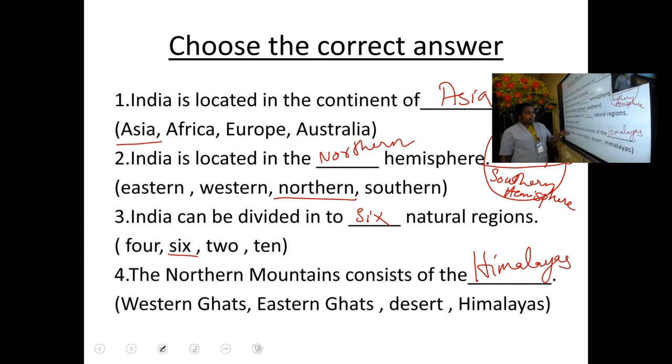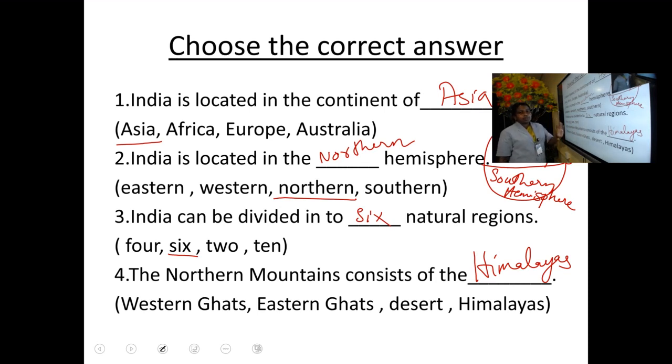We have studied that the northern mountains consist of the Himalaya mountains. The word Himalaya means home of the snow. It is called so because it is covered with snow throughout the year. So the northern mountains consist of the Himalayas.